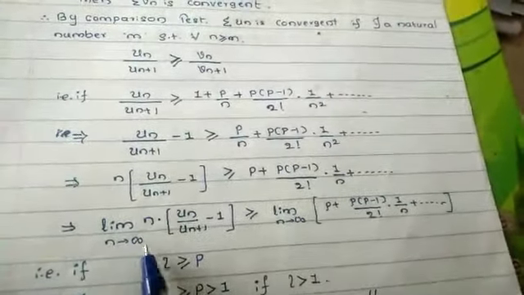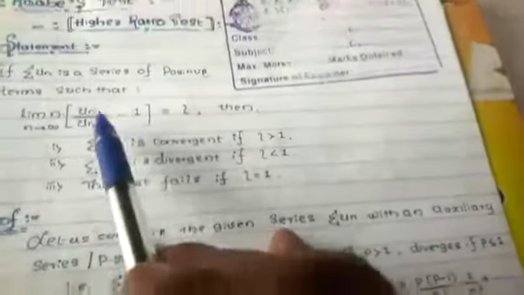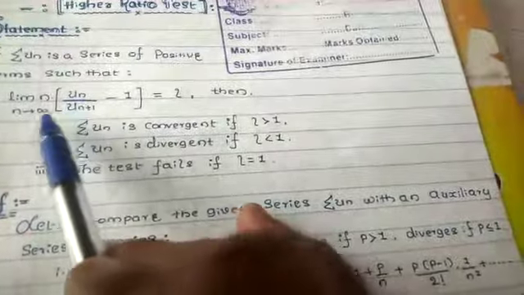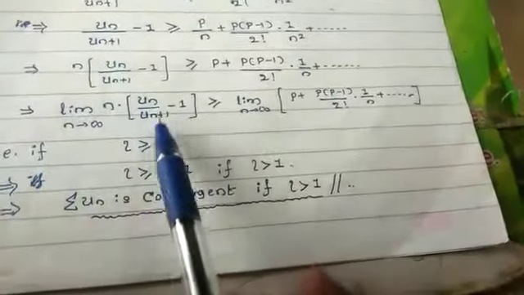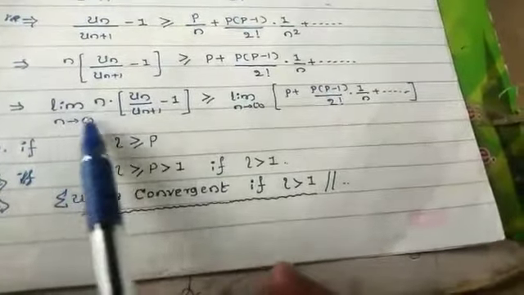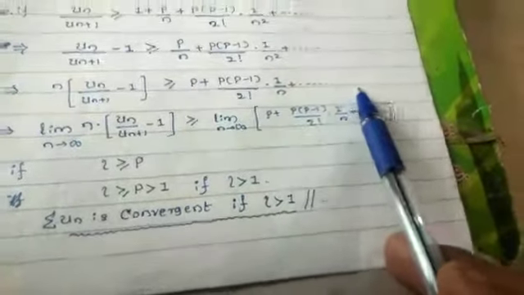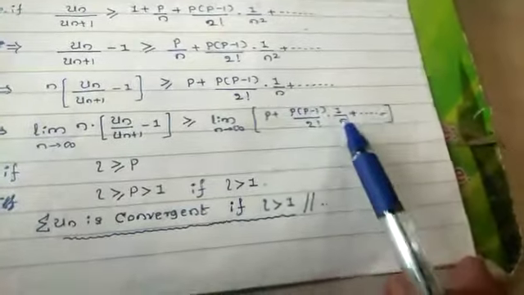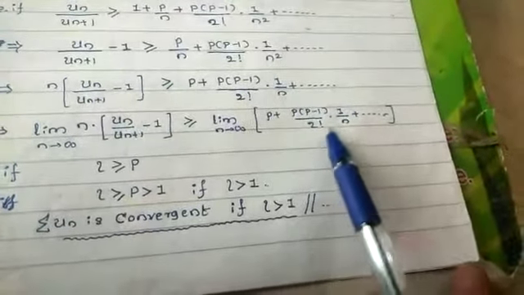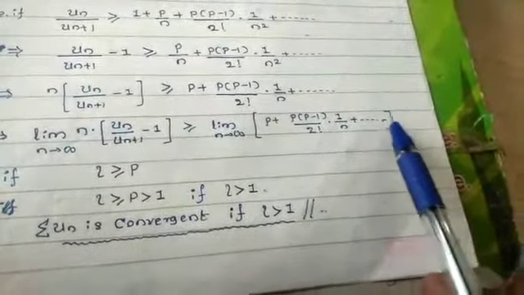Apply limit as n tends to infinity, because limit of n into (un by un plus 1 minus 1) as n tends to infinity is L, which is greater than or equals to the limit of the series. If you apply the limit to this series, what happens? As n tends to infinity, 1 by infinity becomes 0, and the next term 1 by n square is also 0.